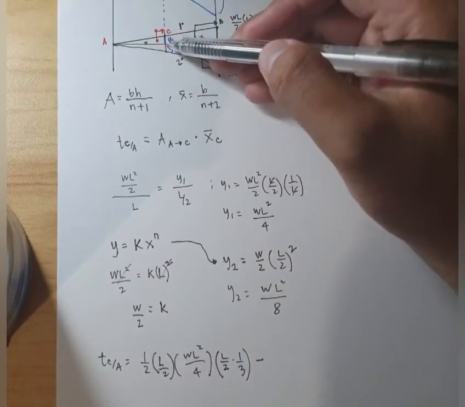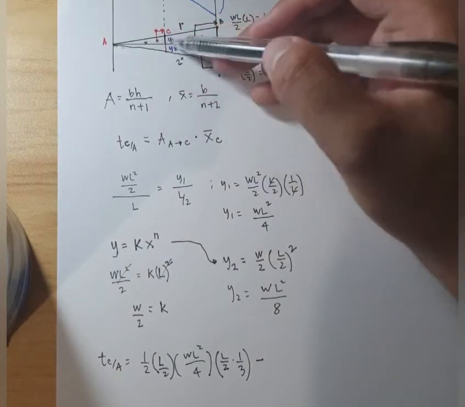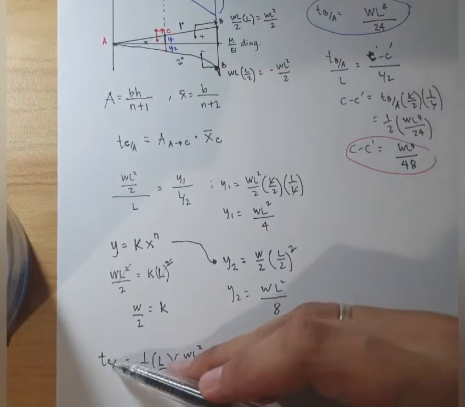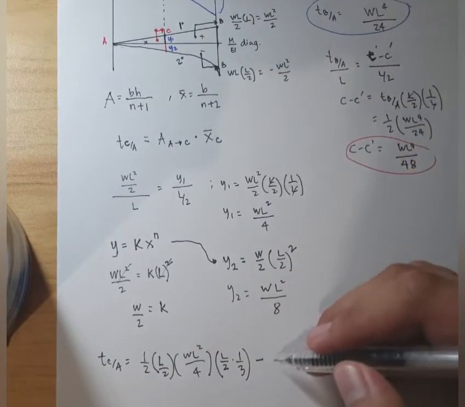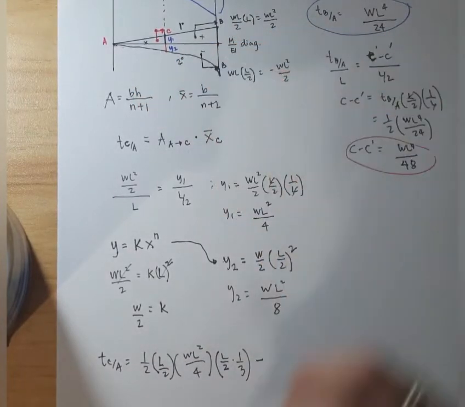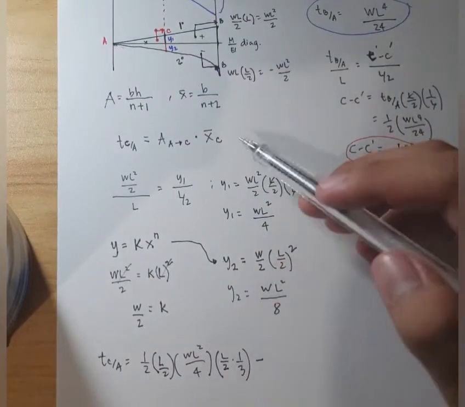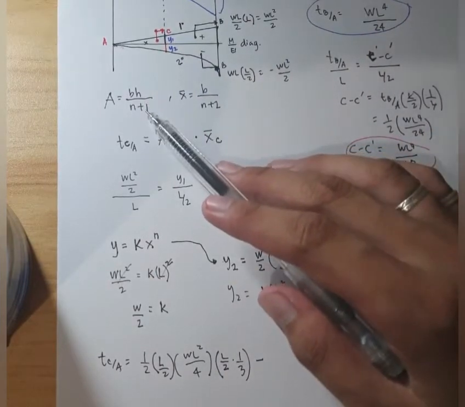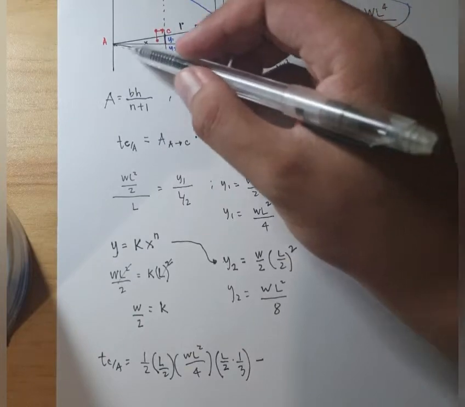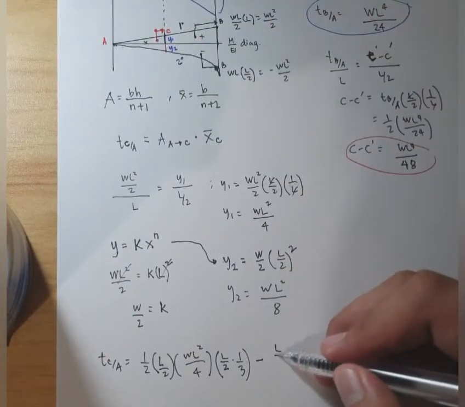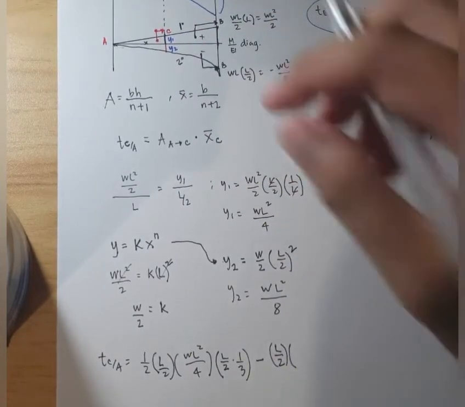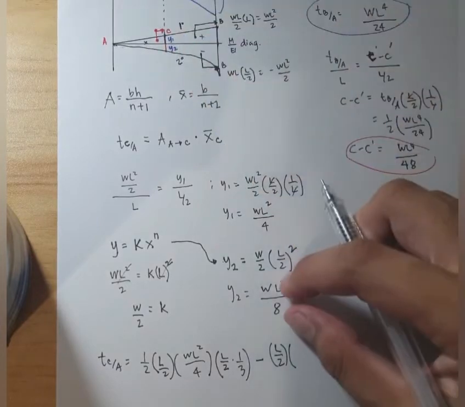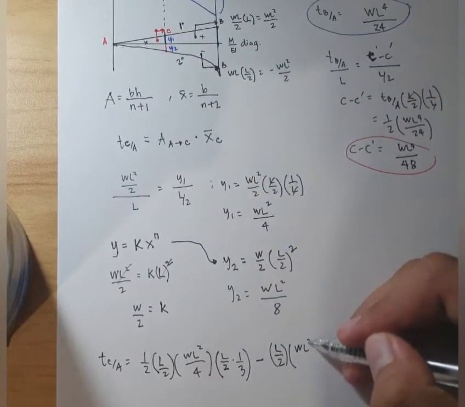So for the negative area, the spandrel from A to C. From A to C. So what is the area? BH over N plus 1. So the base is L over 2, a height of y sub 2, which is WL squared over 8.